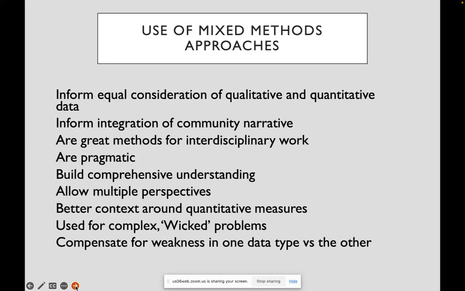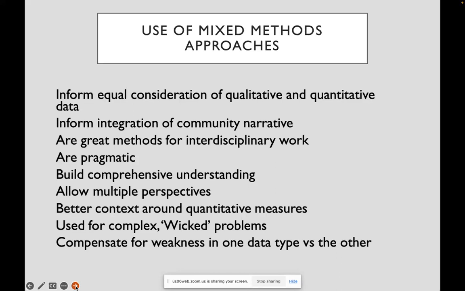And also we're integrating that with, how do people feel in that space? Do they feel safe? Do they feel like there's enough light? Do they feel like there's enough police presence or community eyes on the street for them to feel comfortable there? That's what I'm talking about, informing the integration of community narrative.